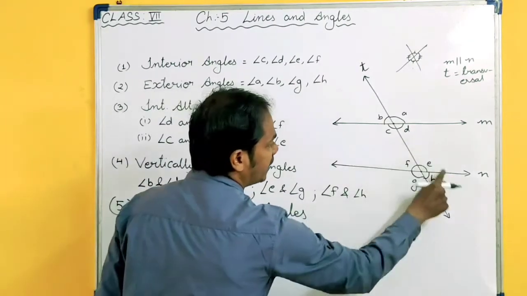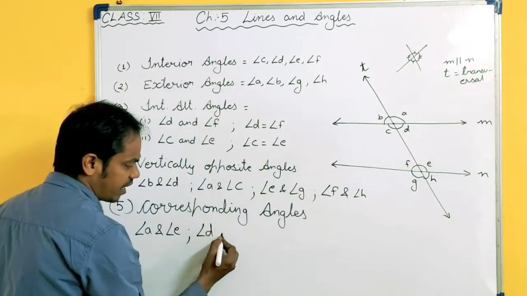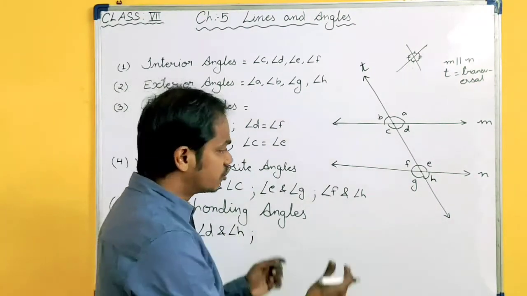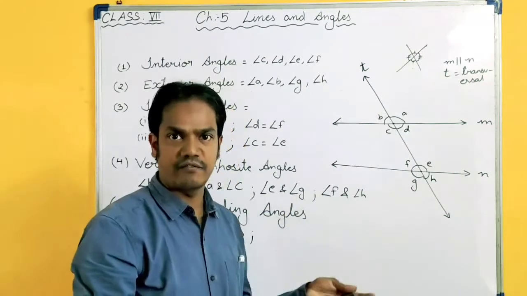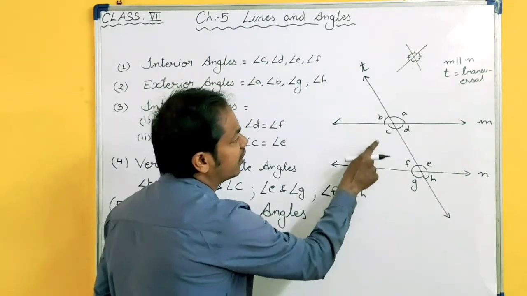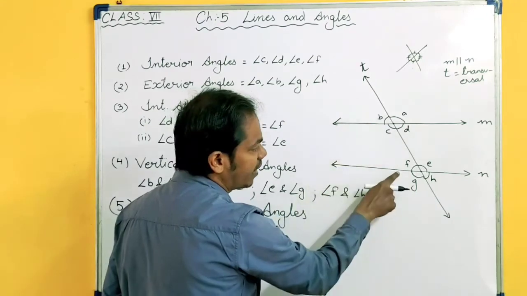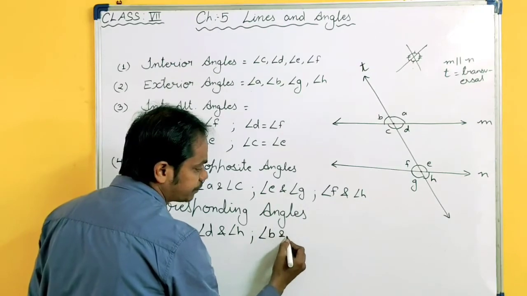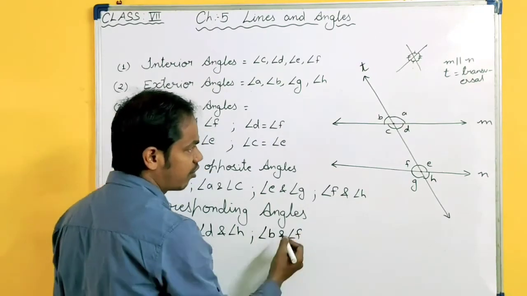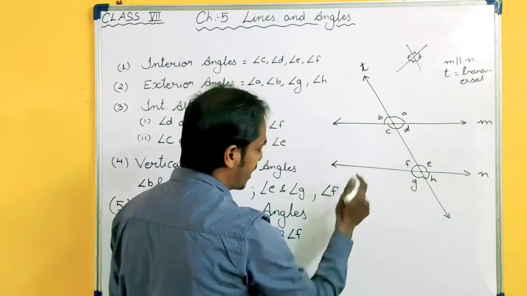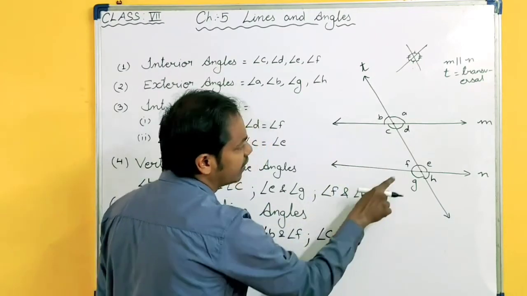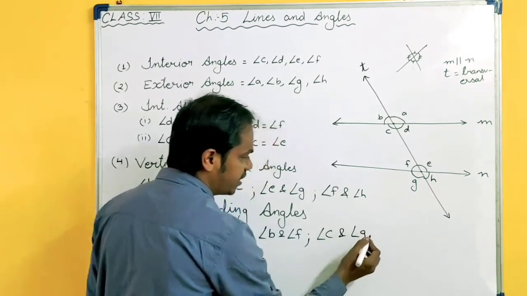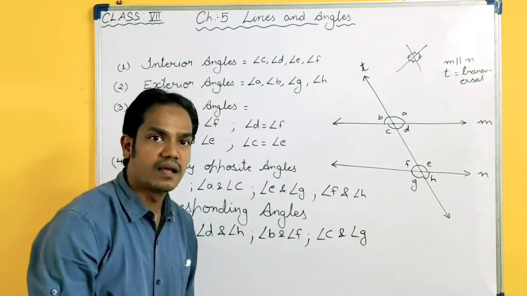Angle D and angle H are corresponding angles. You have to learn all this. If you revise this 5 to 10 times, you will definitely learn. Now the angle above this line is B and above this line is F, so angle B and angle F are corresponding angles. The angle below this line is C, and here angle G. C and G are corresponding angles.